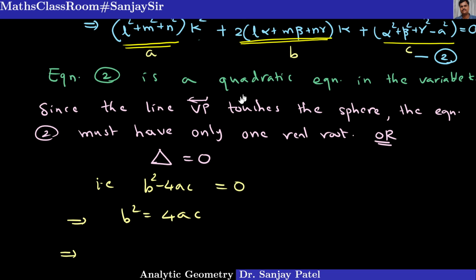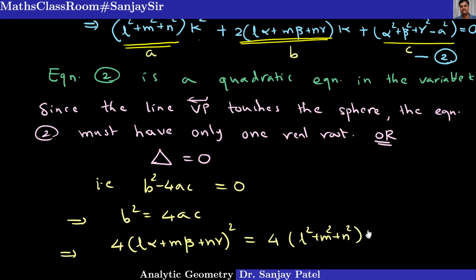It is 2 times this, and the square of this is to be written here. So it is 4 times L alpha plus m beta plus n gamma whole square is equal to 4 times a, which is L square plus M square plus N square, and c is alpha square plus beta square plus gamma square minus A square.